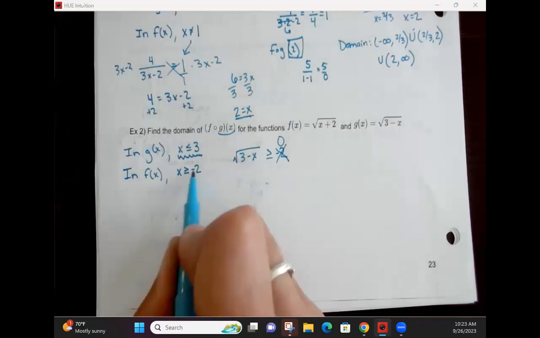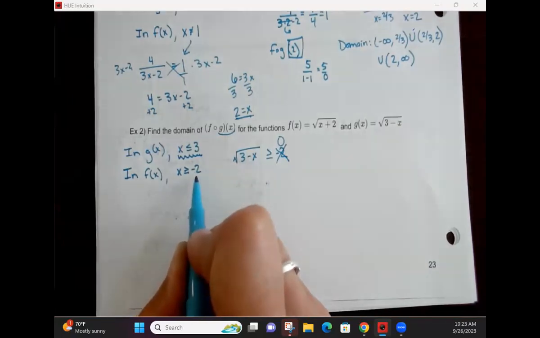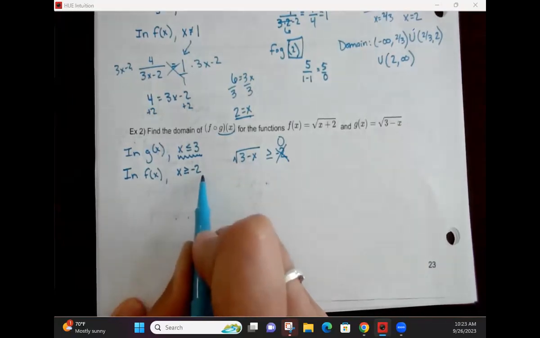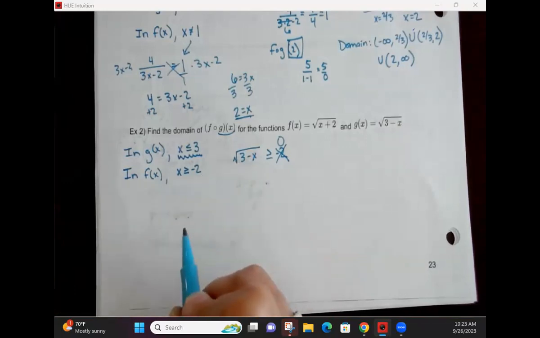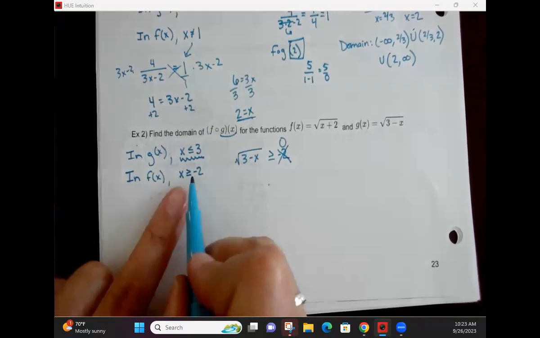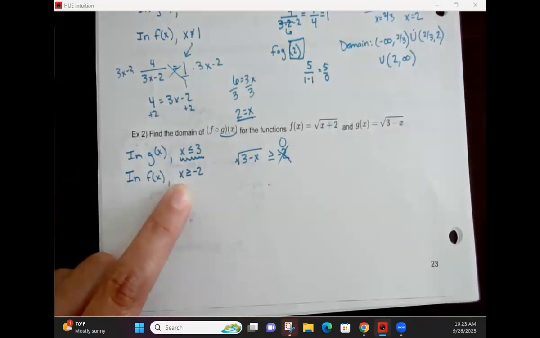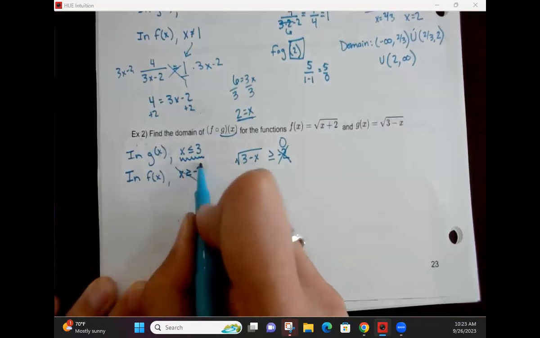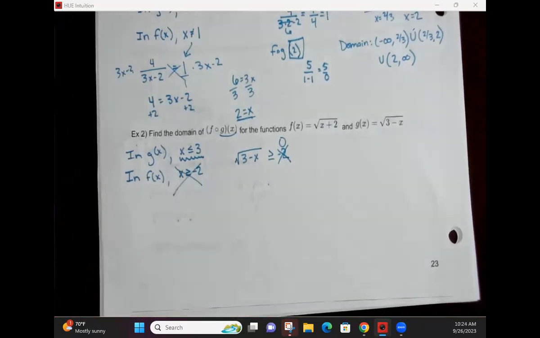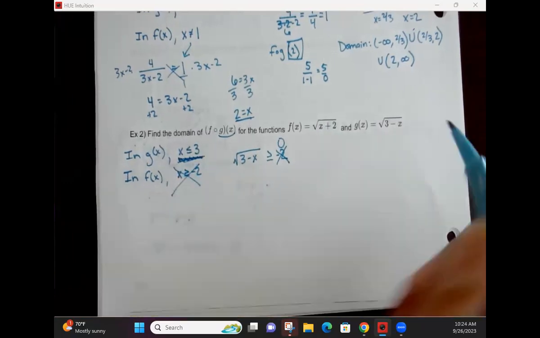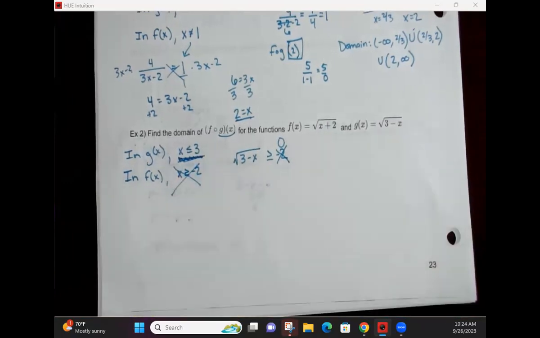It's not possible that I get down to -2, or -3 or -10 or -100. It's not possible I would ever get a value that would cause me problems for f of x. So this, I don't even need to worry about. I already take care of it when I consider that domain for g of x.